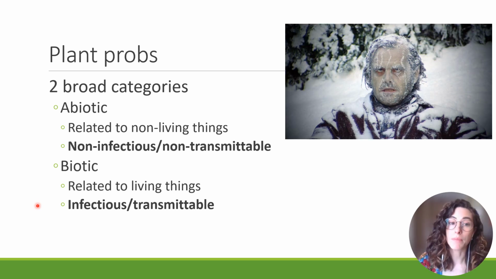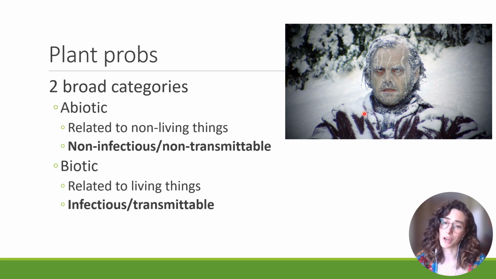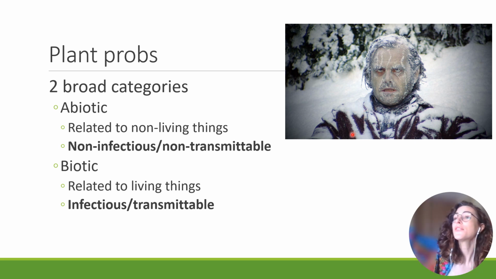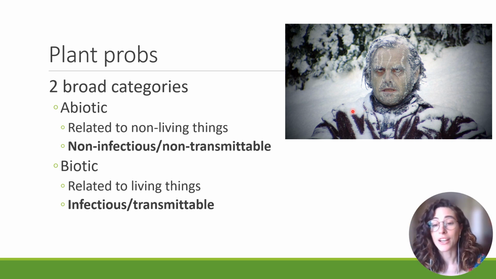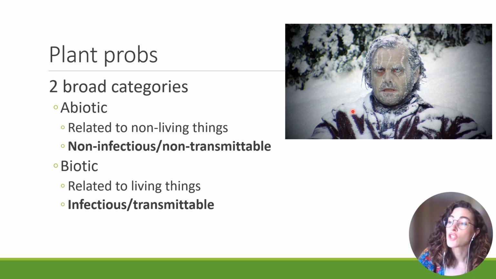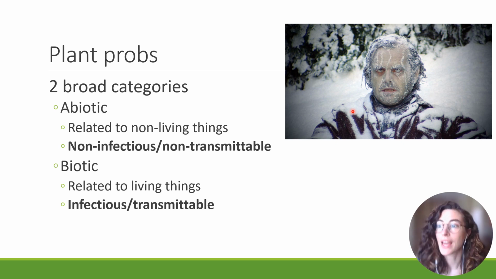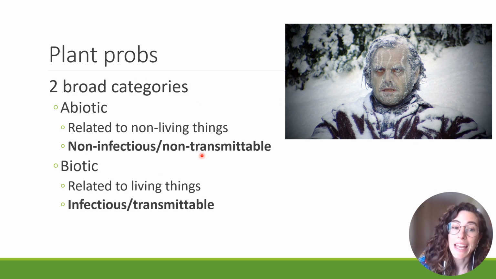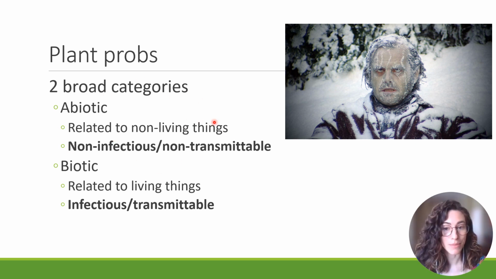So if we were thinking about abiotic issues, my very lovely example I love to use is poor Johnny here, went out into the winter and got hypothermia. Now, if Johnny came back into the house and was around the other people, could he then infect everybody else with hypothermia? The answer is, of course, no, because hypothermia is an abiotic, which is non-infectious, non-transmittable.